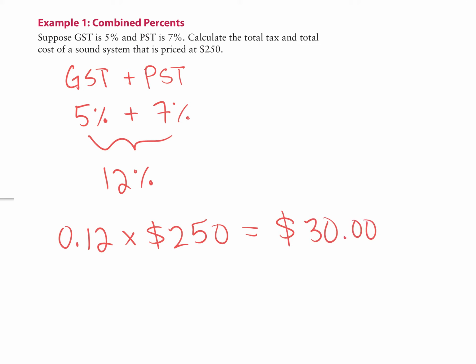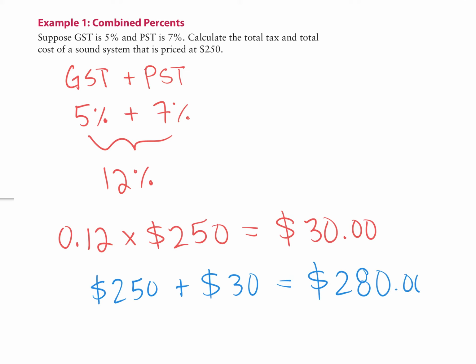And then you just add $250 plus the tax, which we just found out was $30, and you get the same price, $280. So in this method, you take the GST and the PST, you add them together to give you 12%, change 12% to a decimal, times it by the price, that's the tax, and then you add the original price plus the tax to get $280. So that's the second method.